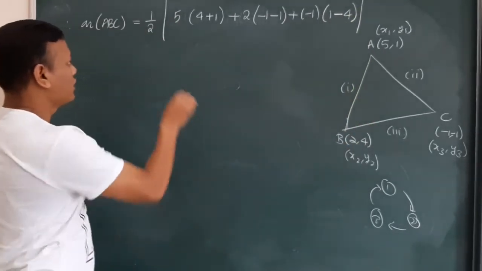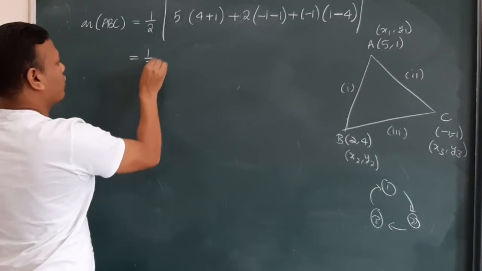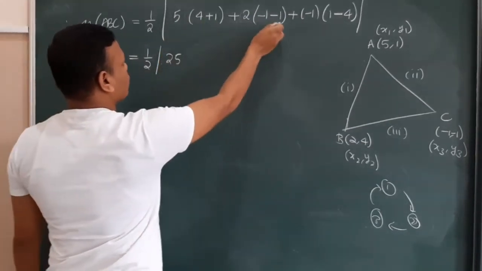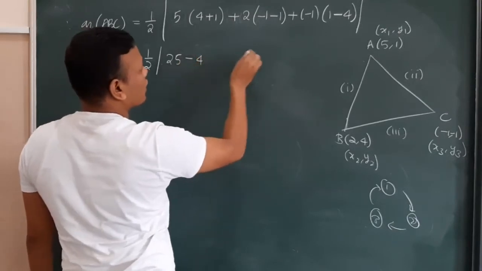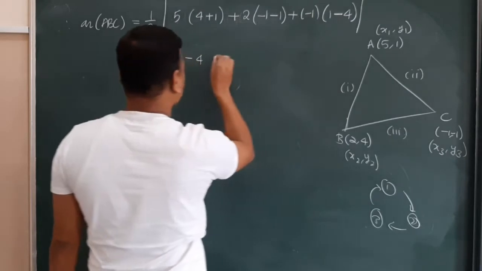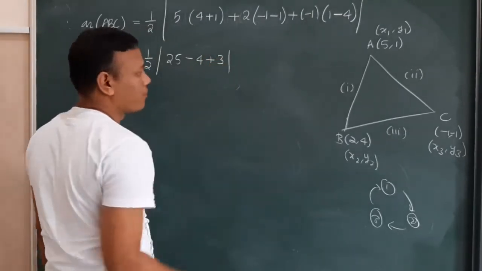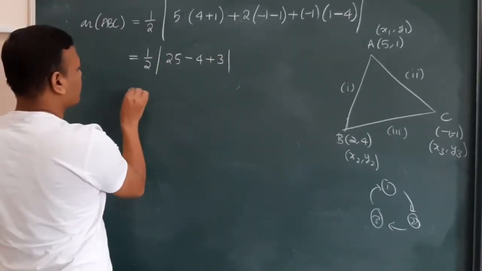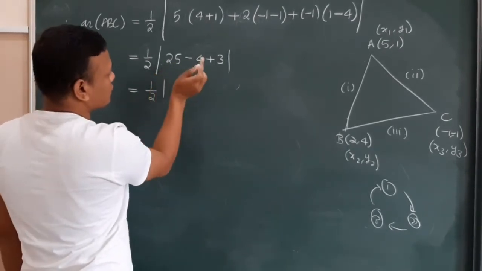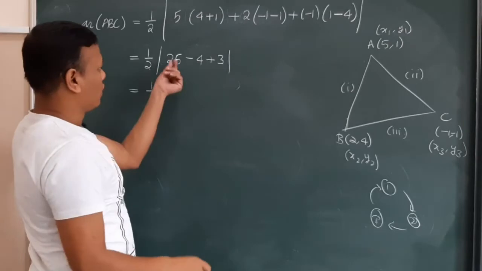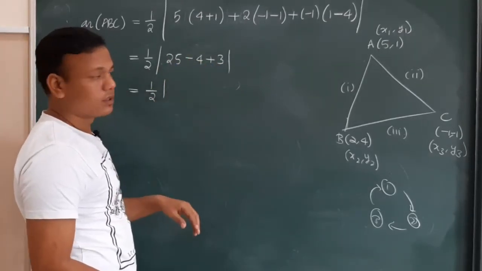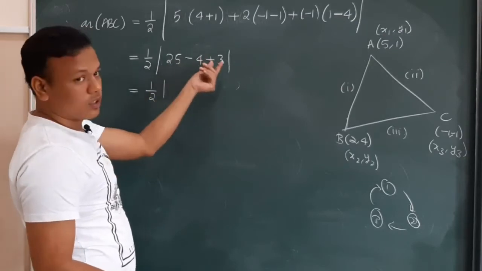So let us evaluate how much this is. So half, so 5 into 5 is 25. So this is minus 2, so minus 4, this is minus 3, so this is minus 1, so this is plus 3. So this is equal to half into 25 minus 4 is 21, plus 3 is 24, right?